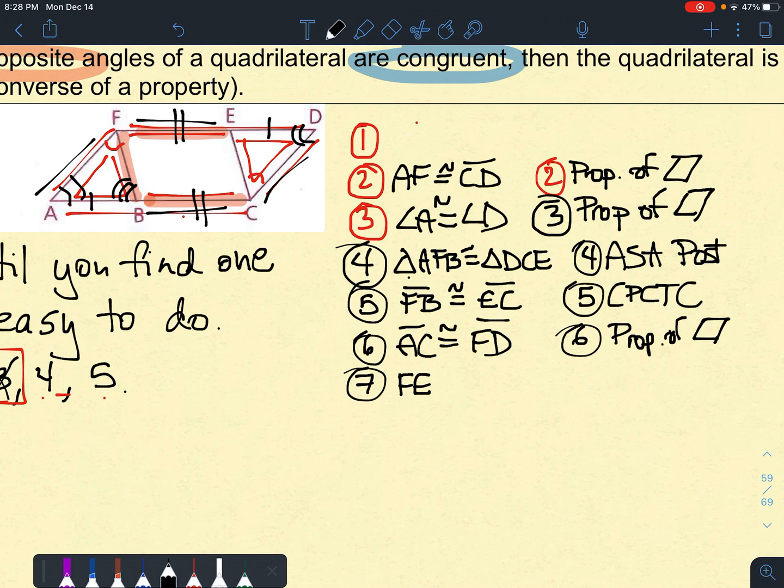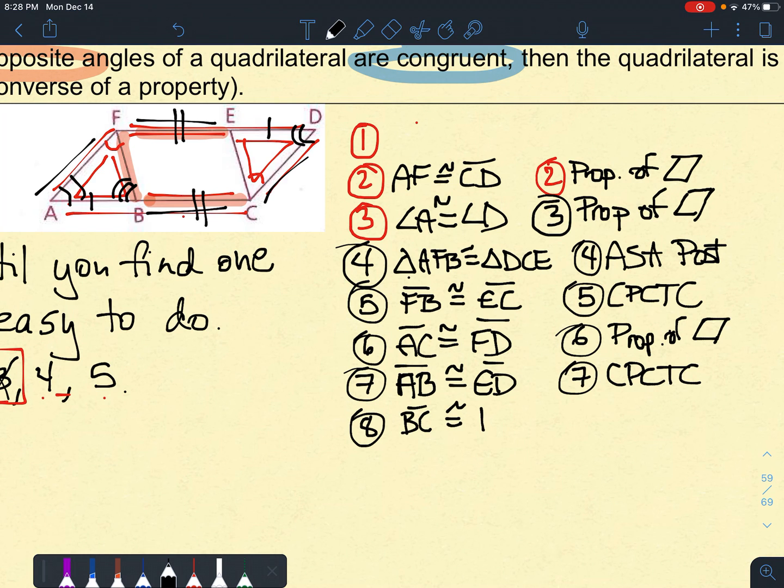Have we already said AB? Nope, I guess we got to state AB first of all. AB is congruent to ED. Again, that is by CPCTC. Now, by subtraction of pieces, we can claim BC is congruent to FE. Subtraction of segments.